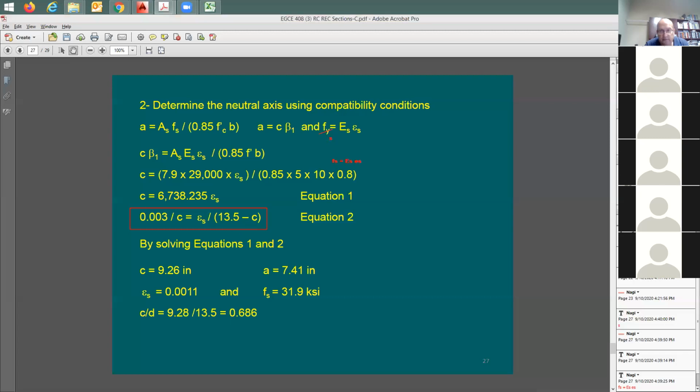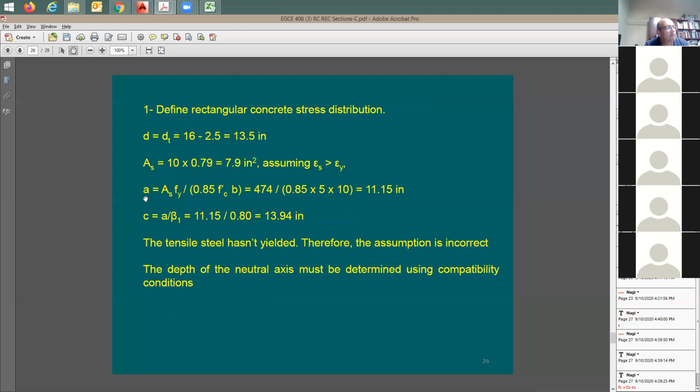Go ahead. So we realized that the first time we did the procedure, it didn't work out because our a was greater than our b. That was a big warning sign that we can't just assume. Yeah, because this here turned out to be big.